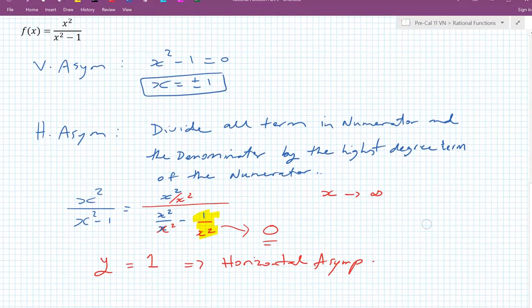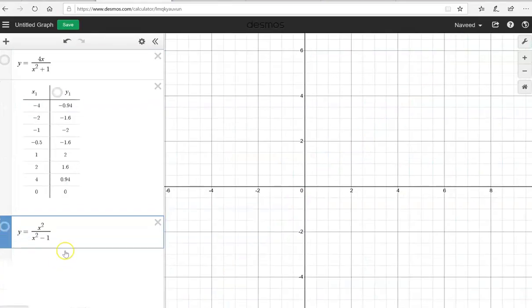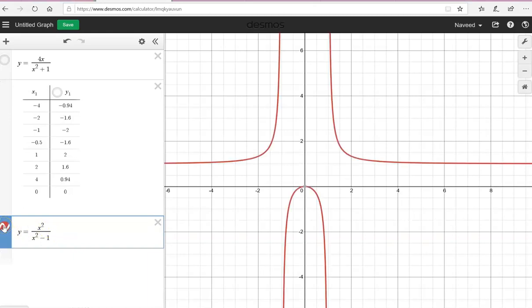Let's go ahead and graph it using Desmos. Okay, so this is the function I typed in. Let's compare what we have done. First of all, the asymptotes that we talked about, x equals 1 and x equals -1, are the vertical asymptotes. So right here, and then x equals 1 right there.